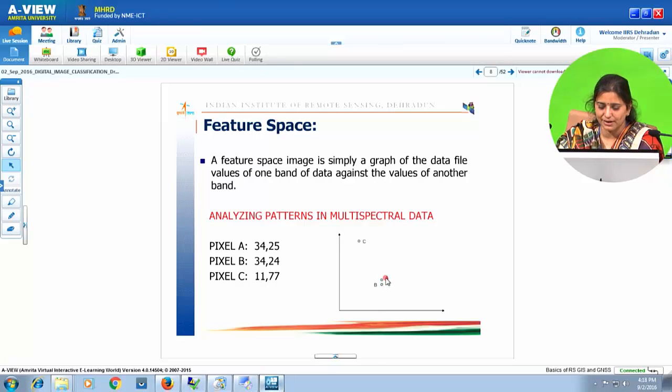They are close by each other in this graph, in this feature space, whereas pixel C, which has a completely different brightness value, is plotted at a different location. So we can make boundaries around these pixels and group these similar pixels and separate out the dissimilar pixels, which was our problem of digital image classification.